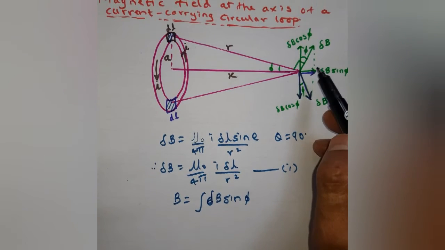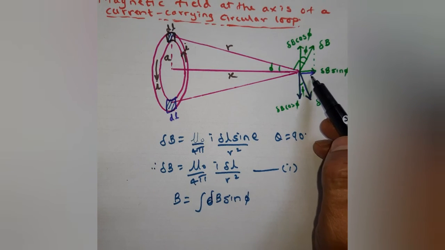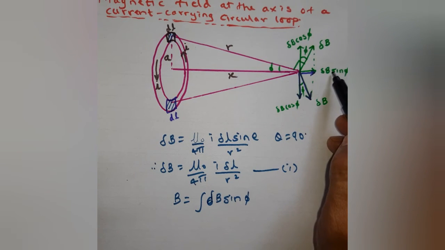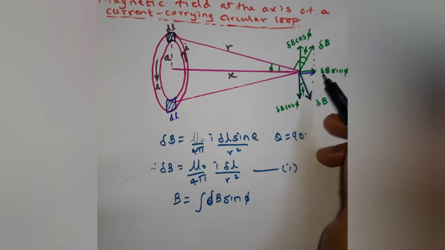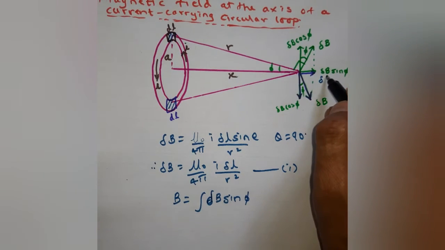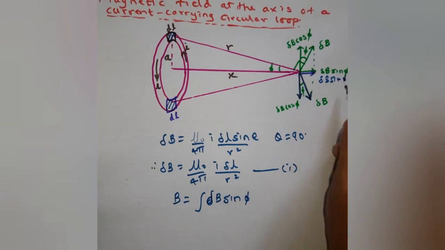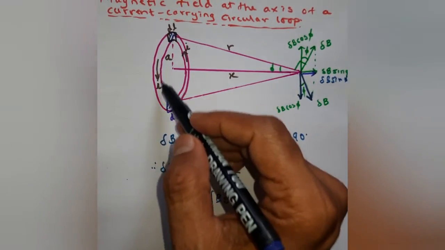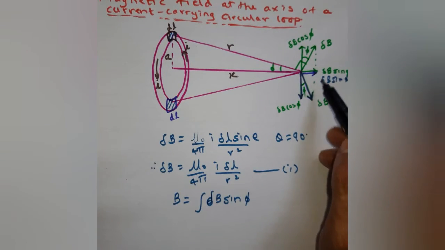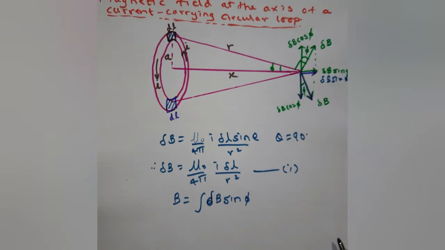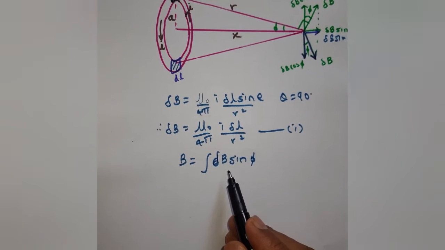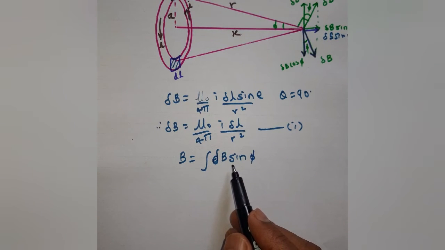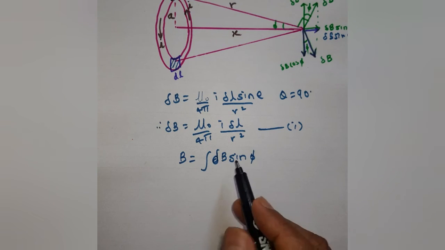You can easily see from here the green and blue arrows indicating this side. One is delta B sin phi for green, and for blue it's delta B sin phi over here. These are the two values for these two components respectively. If I take more elements like this, I will get more delta B sin phi values. So we have to add all of these. That's why we integrate this delta B sin phi.